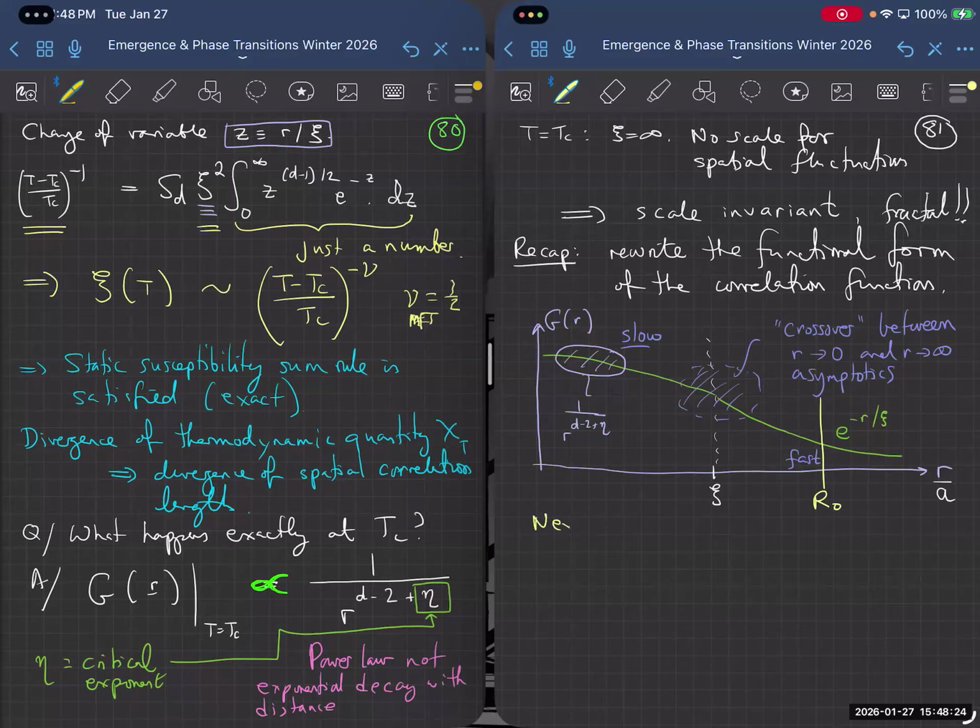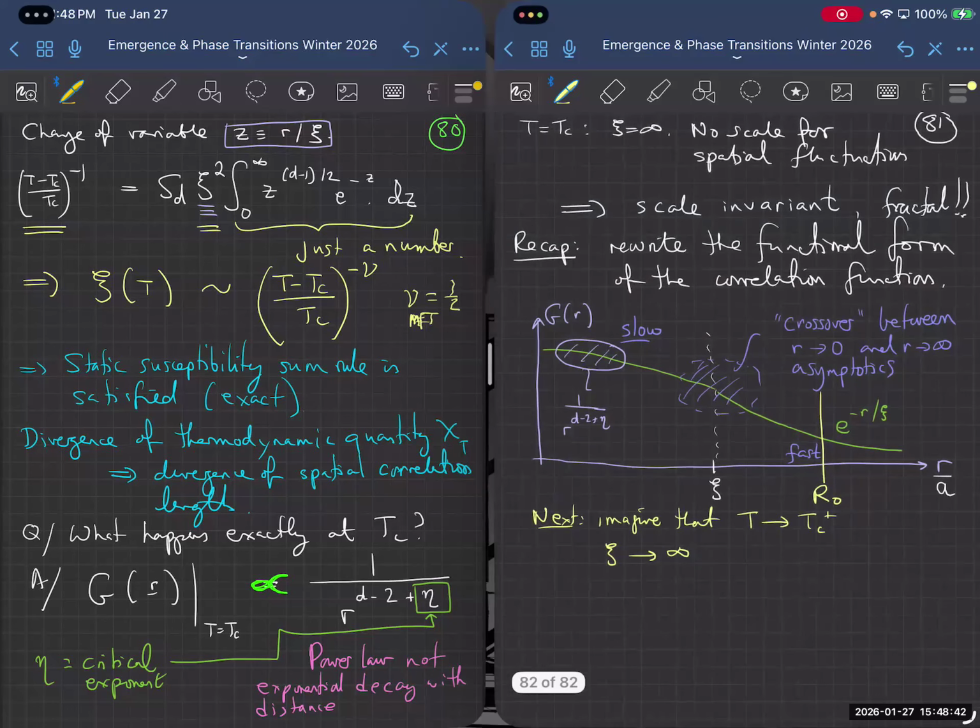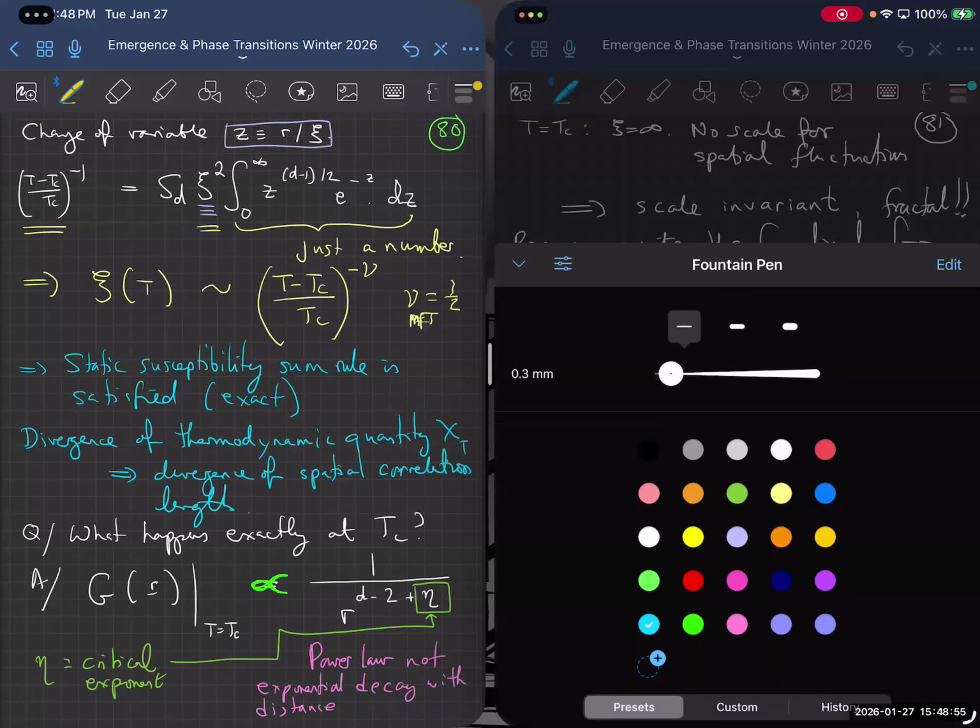Next, let's imagine that we now take T and move it towards TC, let's say from above. Then what's going to happen is that psi is going to get larger. Maybe it's not going to equal infinity, but it's going to be larger. So now my picture is going to look like this.